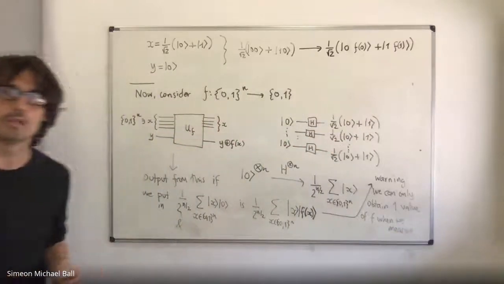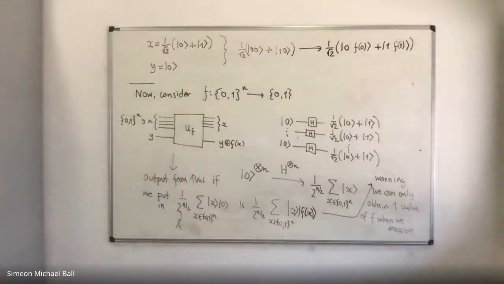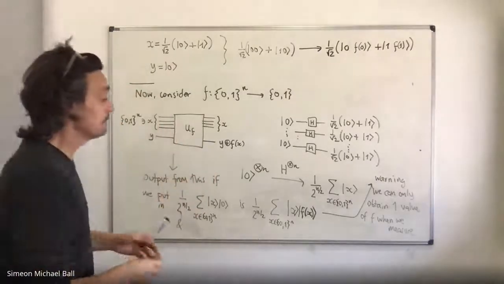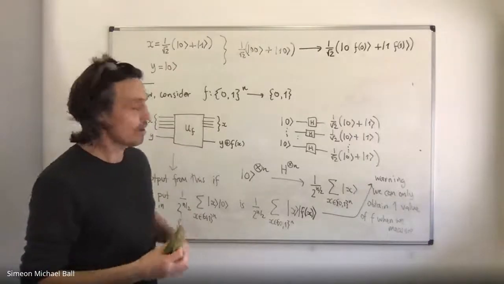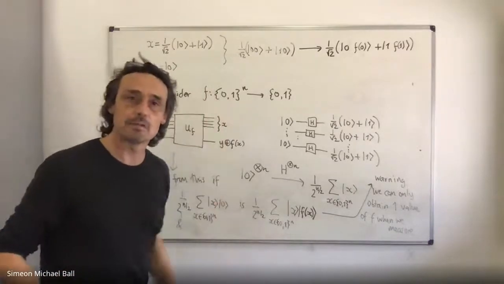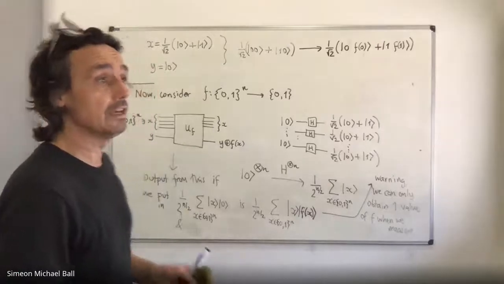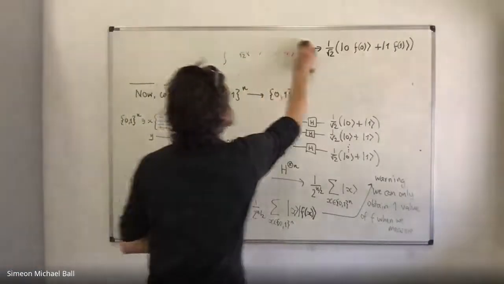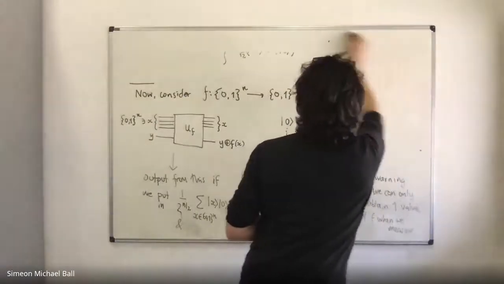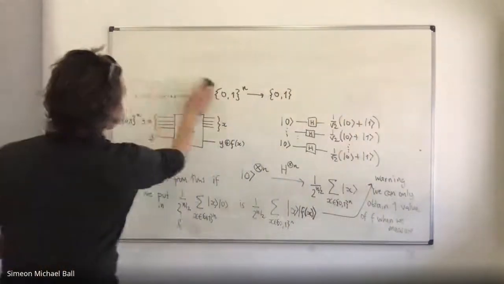Okay, so it is amazing, and it will be amazing, but it's not quite that easy. It's not just that we can suddenly do an exponential number of calculations in one step. We can't, because we cannot access that information.